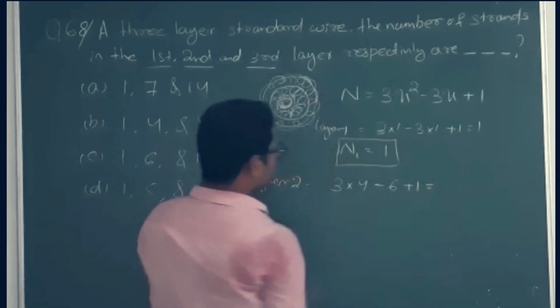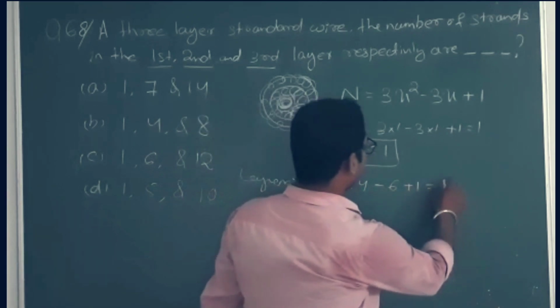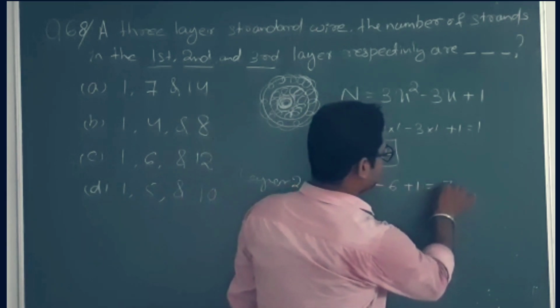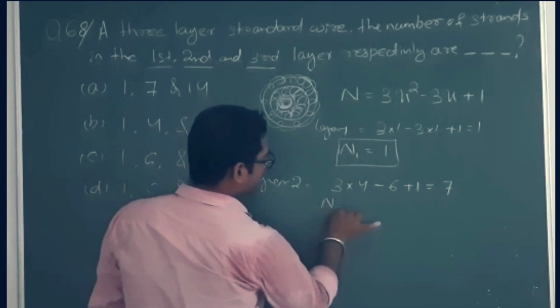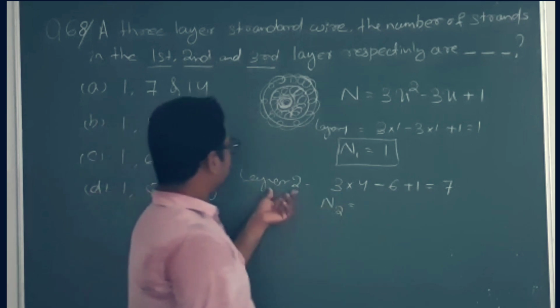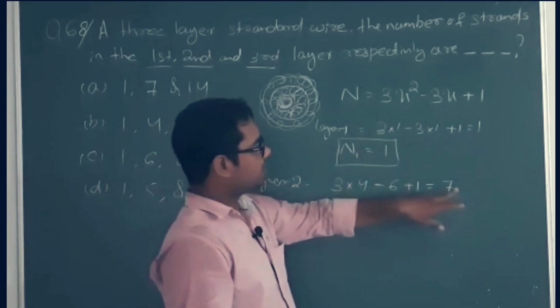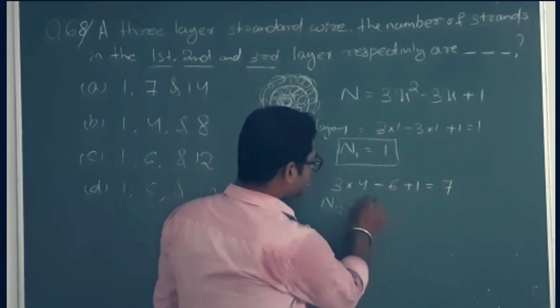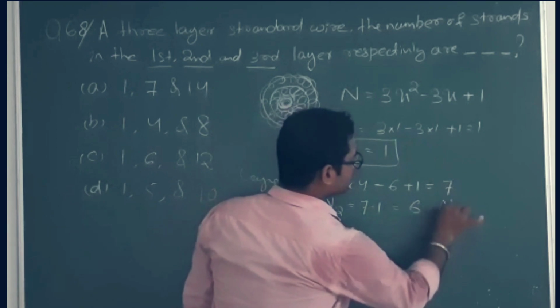So 3 times 4 is 12, minus 6, plus 1 is 7. So the number of strands n2 is equal to the conductors of layer 2 minus the conductors of layer 1. So 7 minus 1 is 6. So n2 will be 6.